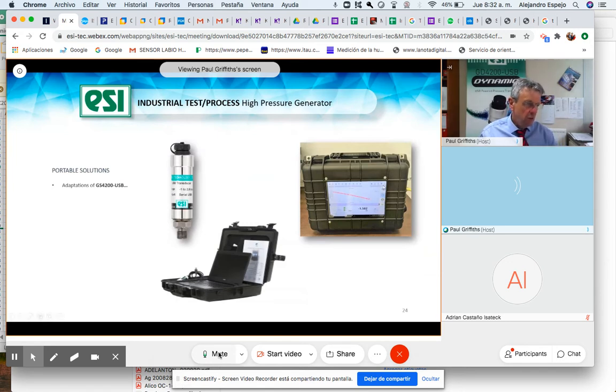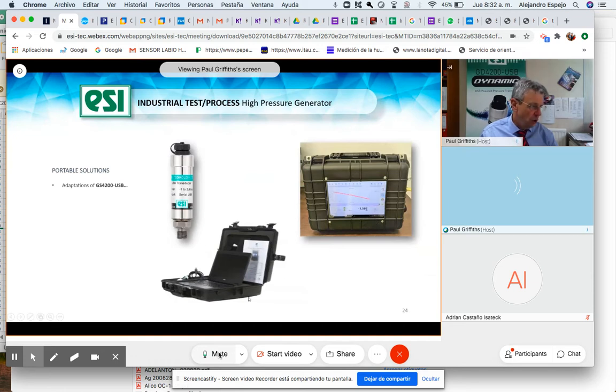And one of our customers in America put it into a Peli case with a screen, a tablet, and they use it as a portable data recorder to replace the old-fashioned chart recorder.